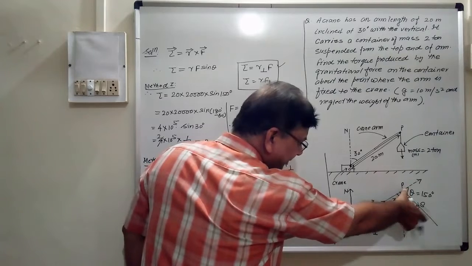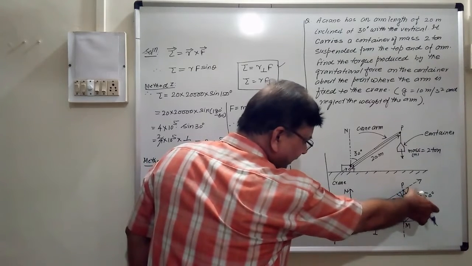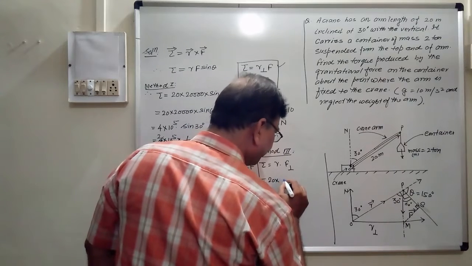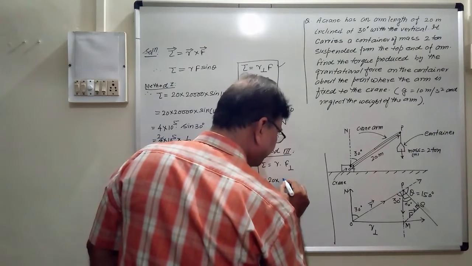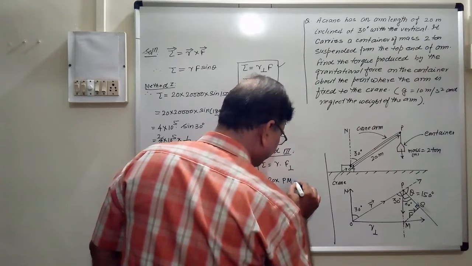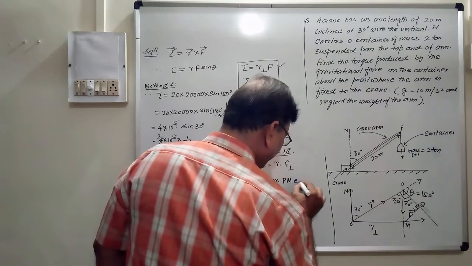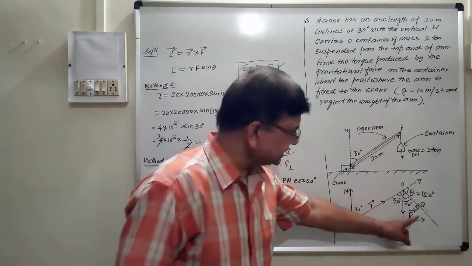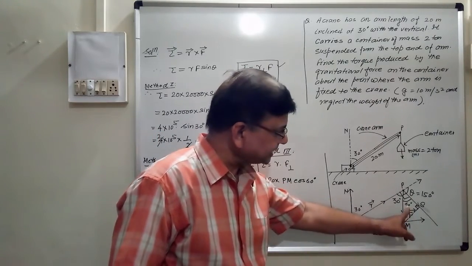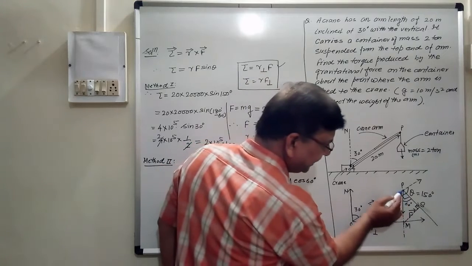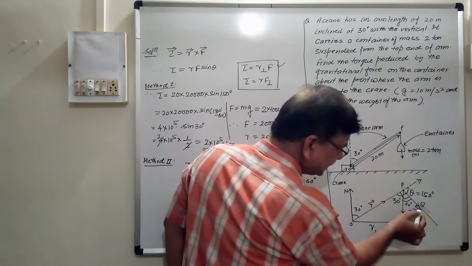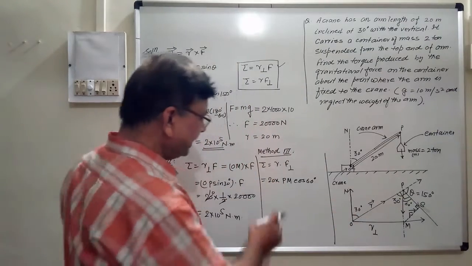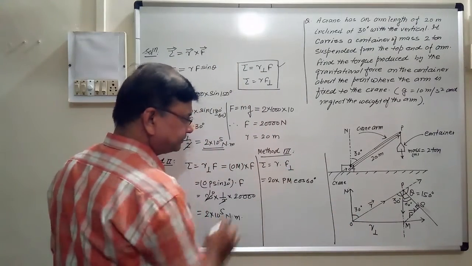This length PS is equal to PM cos 60 degree, because in this right angle triangle PSM, PS upon PM is equal to cos 60. So PM cos 60 is F perpendicular.